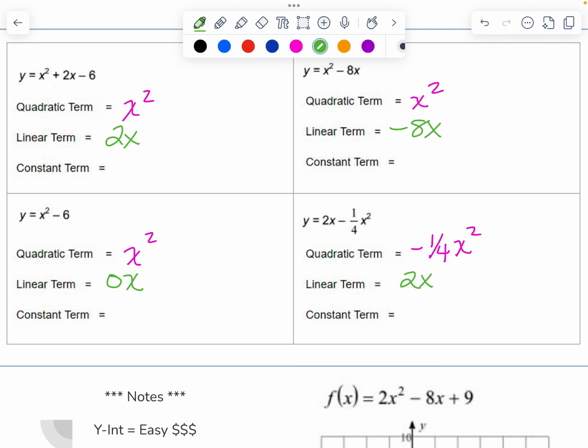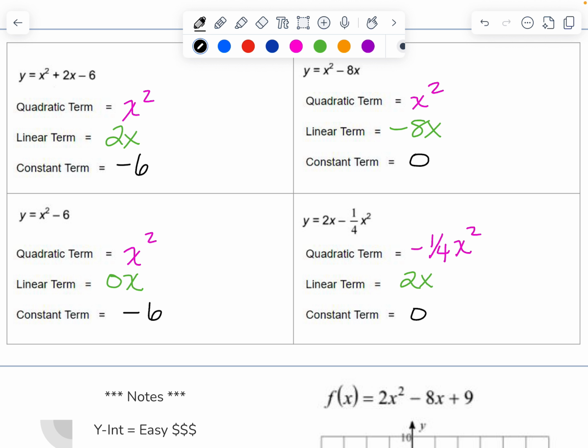Finally, the constant term. The constant term is just the number. There's no variable. I don't see one in the second one, and we would love to have a placeholder. We know that constant term would be 0. Negative 6 right here, and then again a 0 for that last one as well.